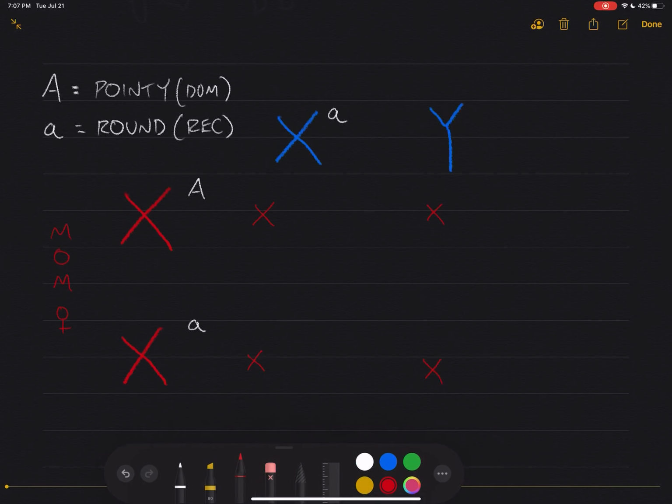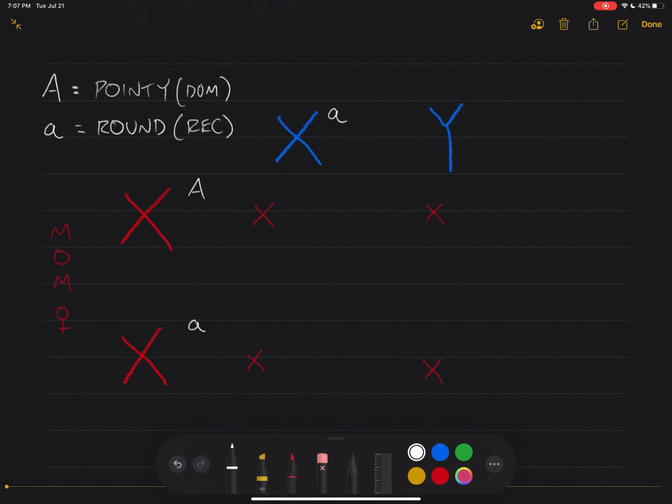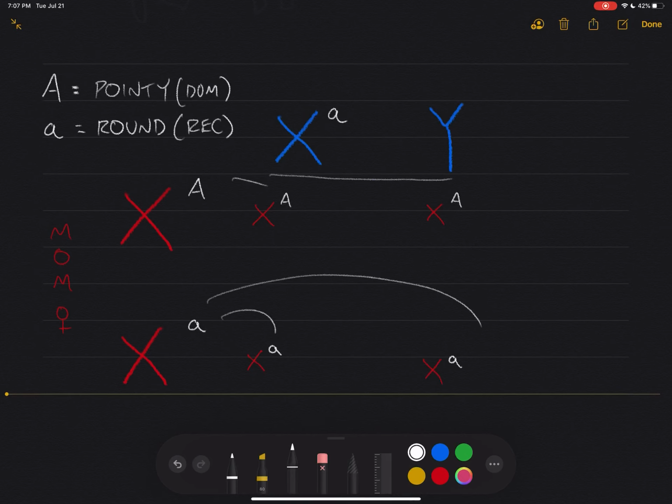And up here, pointy ears, pointy ears, round ears, pointy ears, round ears. Wait, I'm sorry, hold on. Did that wrong. Okay, right. She's just dispersing this to these offspring, okay?